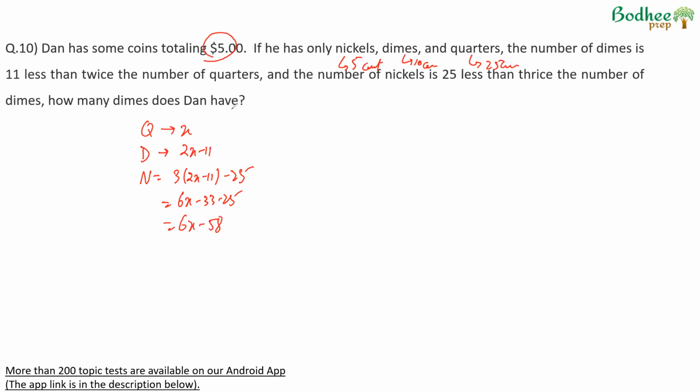The total is $5. So the value of quarters will be 25x. The value of dimes will be 10 into, in cents, 2x minus 11. The value of nickels will be 5 into 6x minus 58. This is equal to 500 cents, $5. 25x plus 20x minus 110 plus 30x minus 290 is equal to 500.